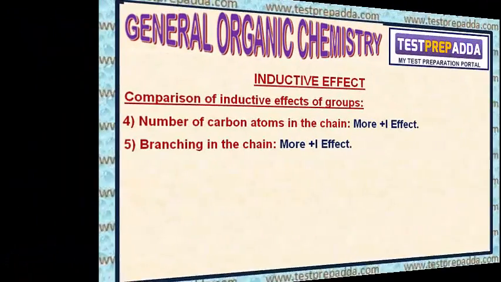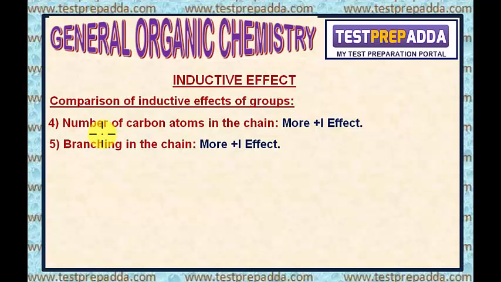Okay. The fourth point, you can see more number of carbon atoms in the chain. Actually here I am talking about the alkyl group. Alkyl group, we know it shows plus I effect. So more number of carbon atoms present in this alkyl group, more will be its plus I effect.